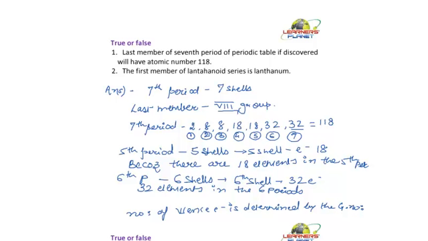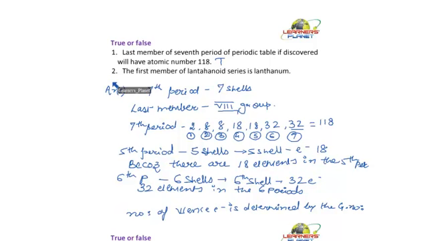Second group, 2. Likewise, third, it would be 3. Fourth, 4. Fifth group, 5. Sixth group, 6. Seventh group, 7. And the number of valence electrons in the 8th group would be 8. So, this statement is what? This is true.